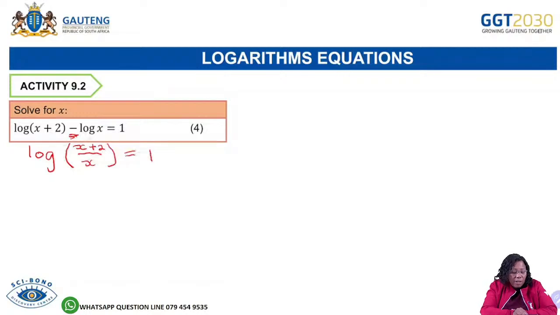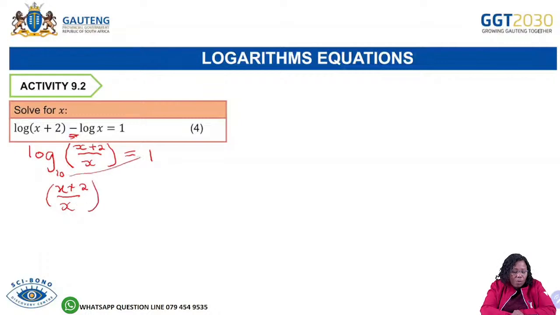And remember, if there is no base here, our base is actually 10. And then we are going to apply that rule. Remember, I indicated to you how to reverse a log, an exponential equation to a log and so forth. That is the application we'll be applying here. Now if we reverse this to its exponential form, we'll have x plus 2 over x on the left hand side.